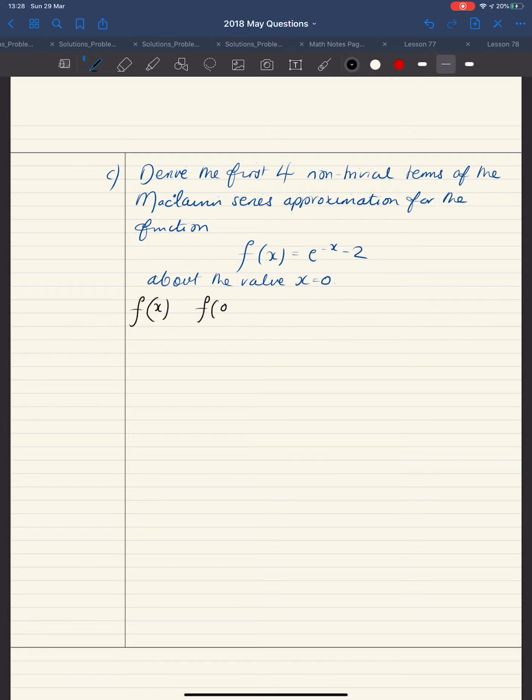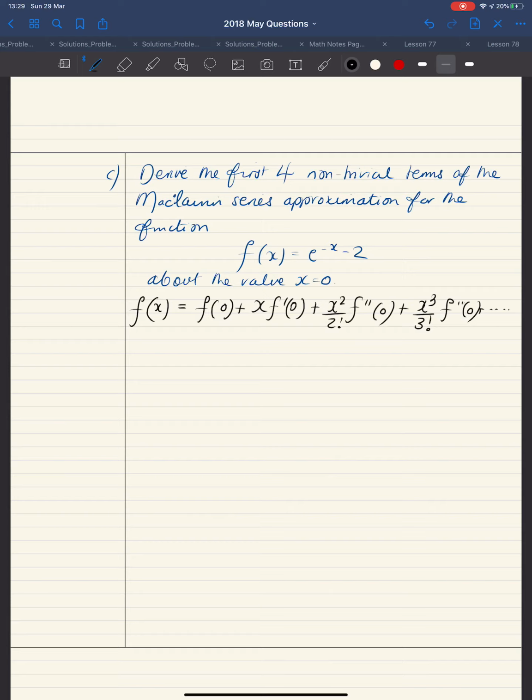And when we actually work out our first 4 non-trivial terms, that's when it becomes an approximation. x squared over 2 factorial, f double dash of 0, x cubed over 3 factorial, f triple dash of 0, etc, etc. We can go as far as we like.